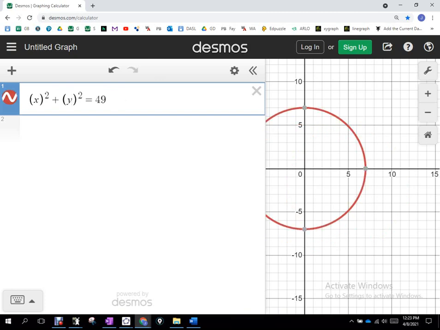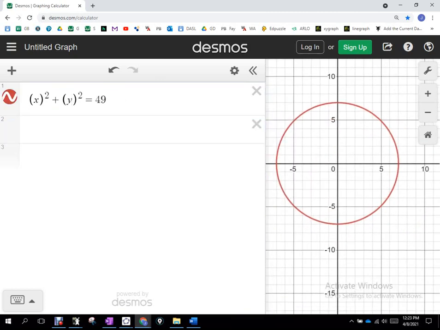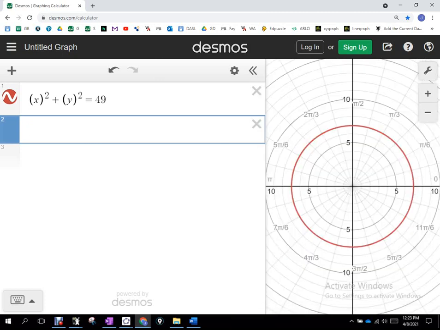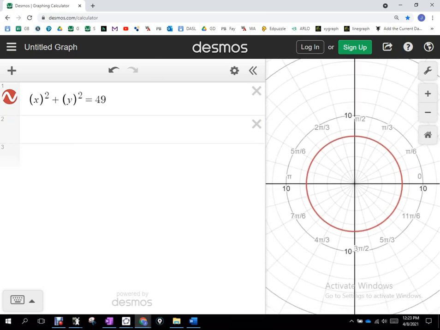maybe trigonometry, if you're a person who's going to take trig. If I center this thing back at 49, what we do in trigonometry is we talk about polar coordinates, where the graphing system looks like this. Instead of the x's and y's, you have a bunch of circles and a bunch of angles dividing those circles.